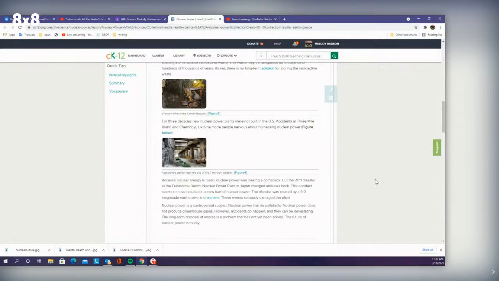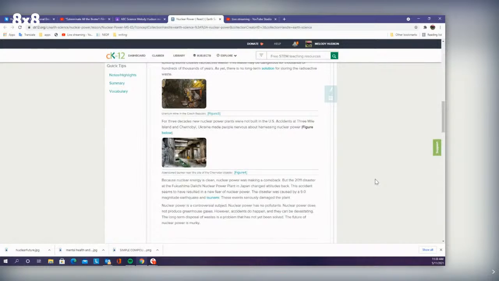There was a magnitude 9 earthquake and a resulting tsunami, and that water and the earthquake damaged the plant, which released nuclear waste into the ocean, which has come as far as our west coast shores, in that area of the Pacific Ocean.